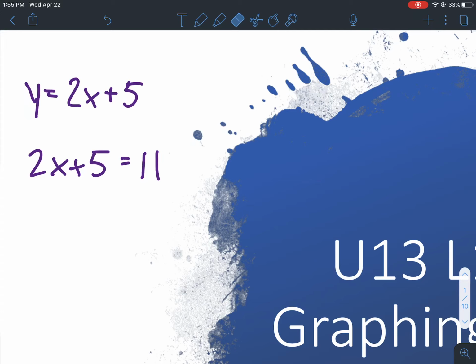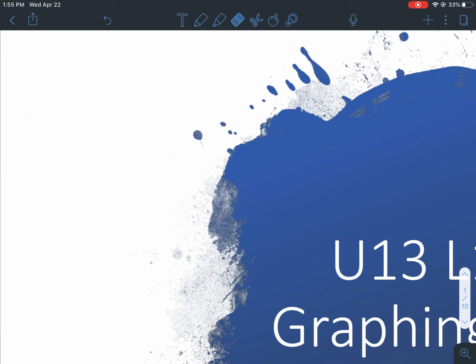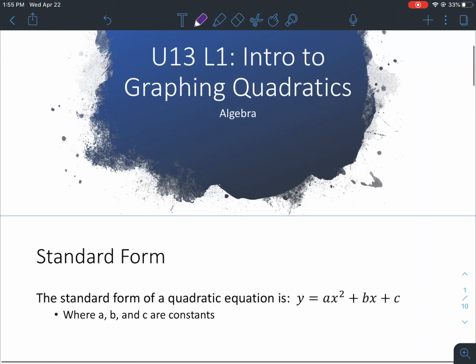Then we learned eventually how to graph those. Well, that same concept is coming through here. Unit 12 was how do we solve quadratics, something that looked like x squared plus 5x plus 10 equals 0. Now we're going to learn how do I graph this equation or equations that look like this. So that's our goal for today.